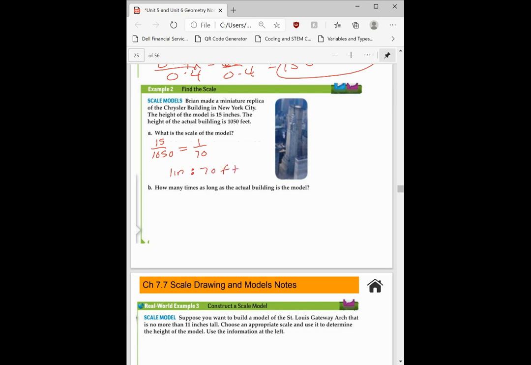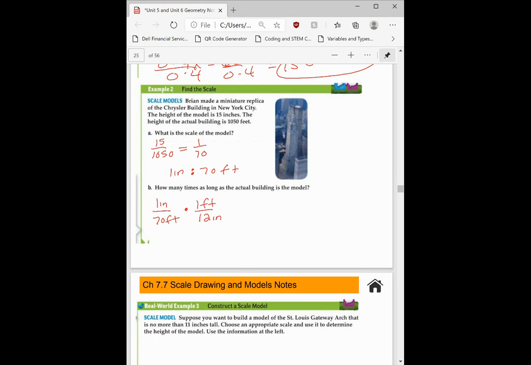How many times as long as the actual building is the model? To answer this question, we need to find the scale factor of the model. Multiply by a conversion factor that relates inches to feet to obtain a unitless ratio. So first, we need to have 1 inch over 70 feet times 1 foot over 12 inches.